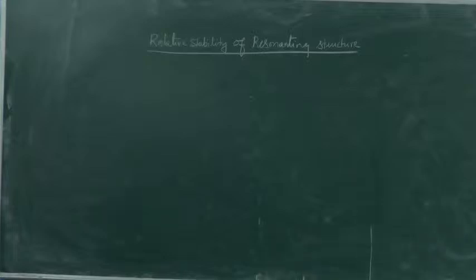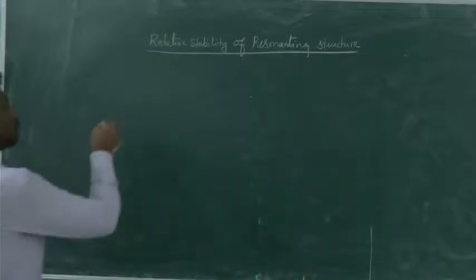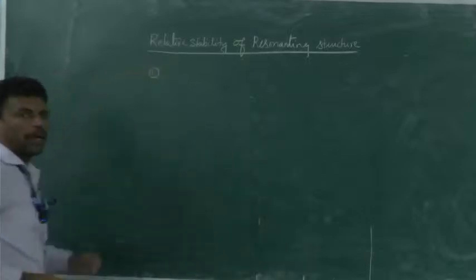First point. Point number one. The one which has more number of covalent bonds. More number of covalent bonds.